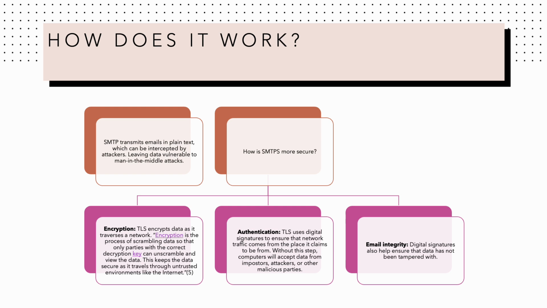Authentication. TLS uses digital signatures to ensure that network traffic comes from the place it claims to be from. Without this step, computers will accept data from imposters, attackers, or other malicious parties. And email integrity. Digital signatures also help ensure that data has not been tampered with.